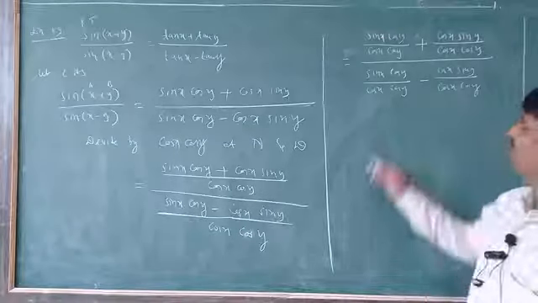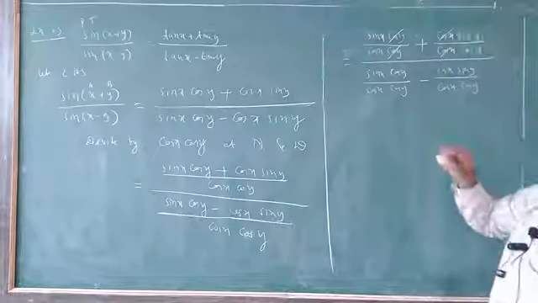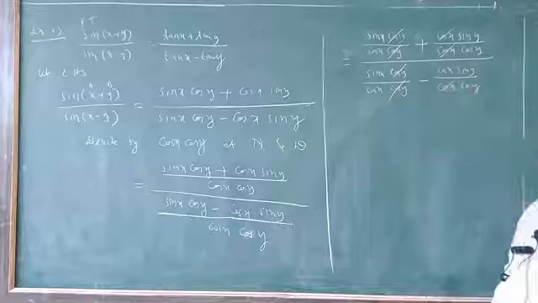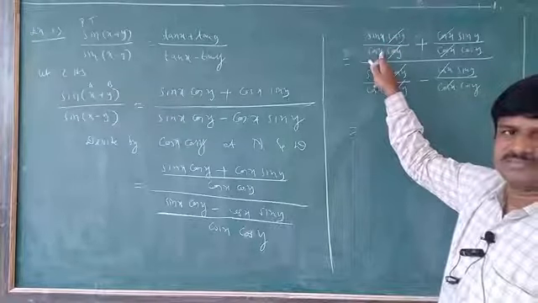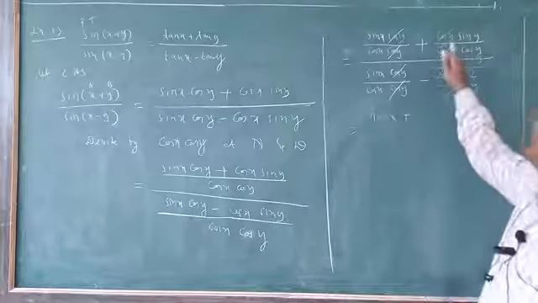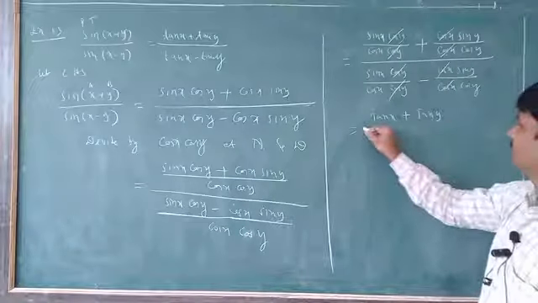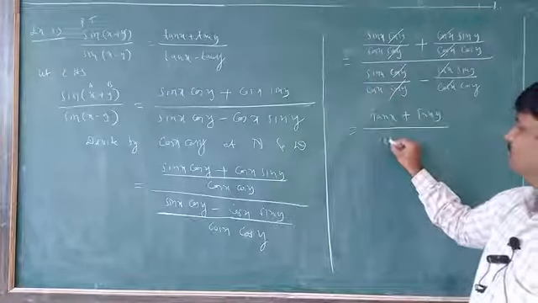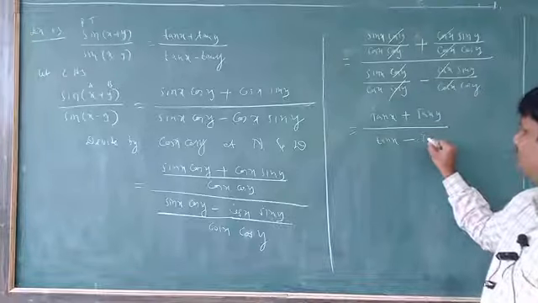Okay, now here what will be getting cancelled? Cos y getting cancelled. Here cos x getting cancelled. Here cos y getting cancelled. Here cos x getting cancelled. Then what will be left here? Sin x by cos x, tan x, plus sin y by cos y, tan y, by sin x by cos x, tan x, minus sin y by cos y, tan y.